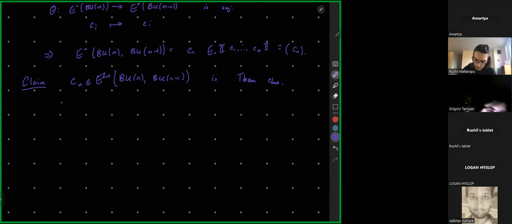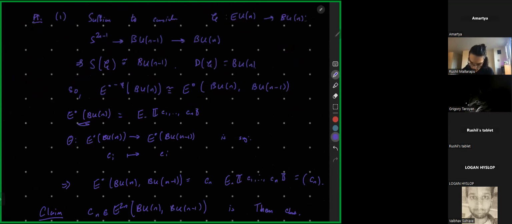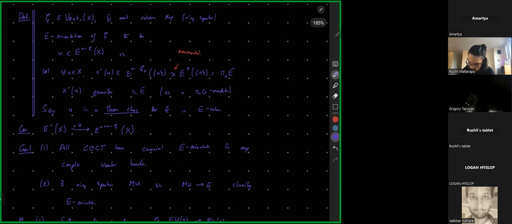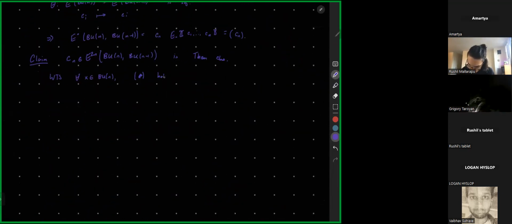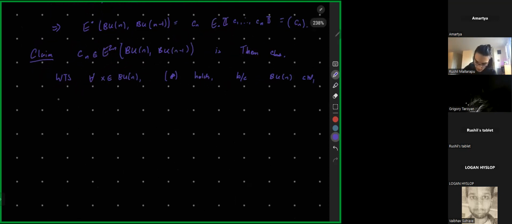Well, we want to check that for every point x in BUN, our condition star up here holds. And because BUN is connected, we can just check it at one point.